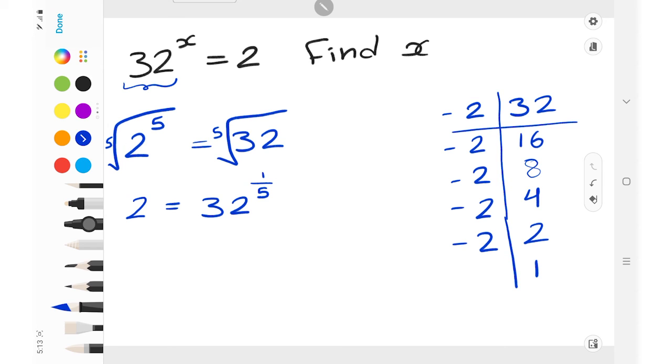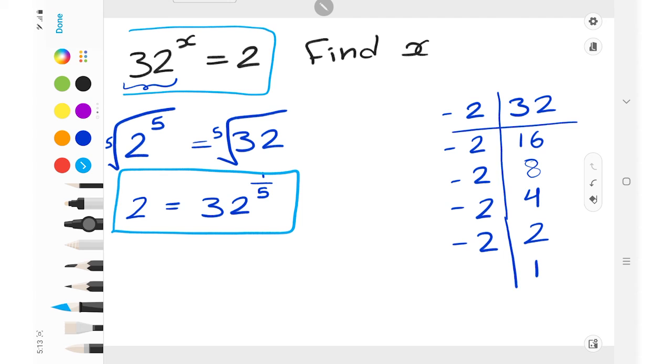See what I've got: this one is exactly the same as this. Therefore, the value of x is 1 over 5. We did the prime factorization for 32 to find the value of x. So 32 to the power 1 over 5 is equal to 2.